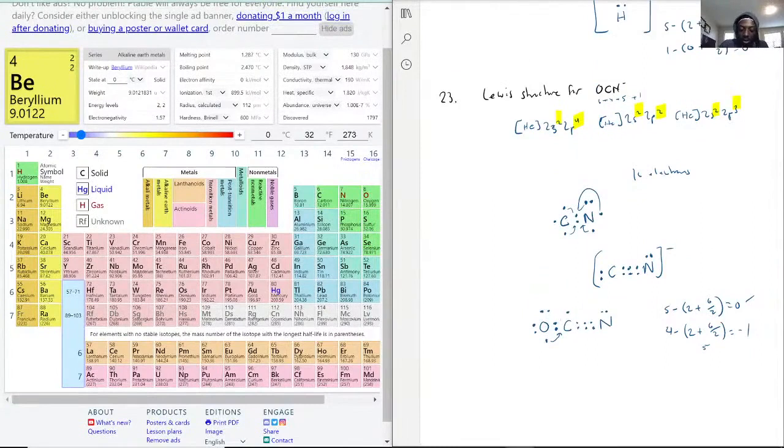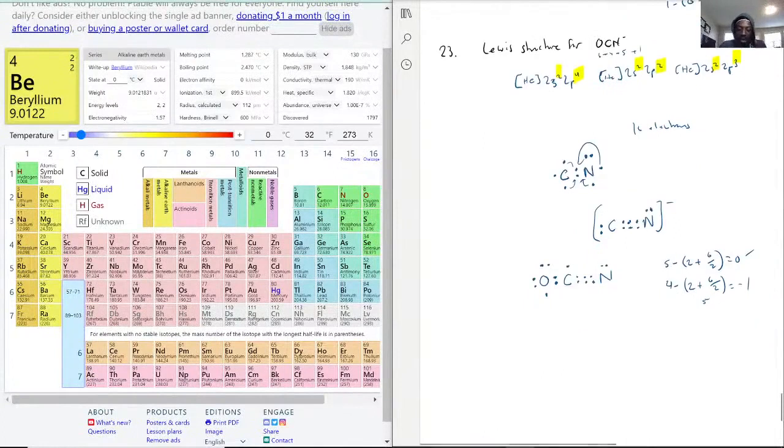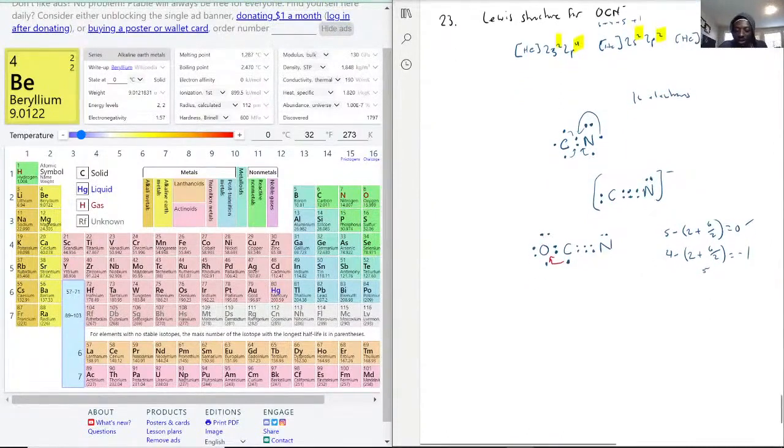So in order to not upset the octet rule, we move the electron to a more stable environment, because oxygen wouldn't mind actually having that negative. It's easier just to draw it at the bottom. This is going to just move over to the oxygen. If we counted before we moved anything, we still have 16, because it's 2, 4, 6, 8, 10, 12, 14, 15, 16.